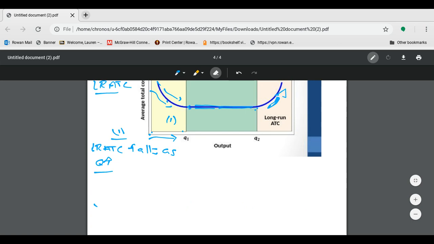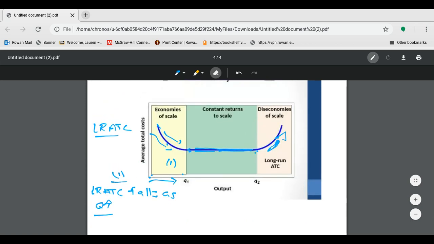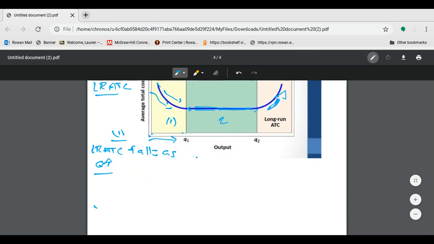All right, so I'm going to talk about the middle section. So I'll just call it 2. So we said this is a flat section. In your book, you'll see that the long run average total cost doesn't always have to have a flat middle section, and that's fine. We just have it here, and that's where we have constant returns to scale.